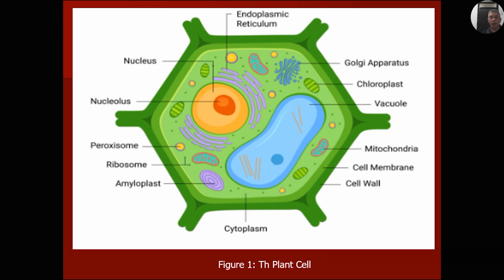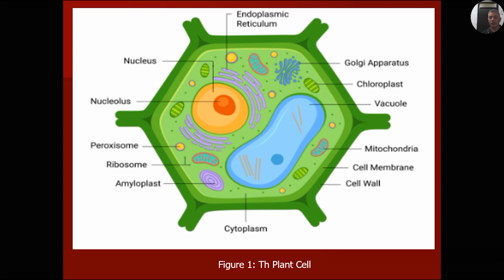Another part is the chloroplast. The chloroplast is an elongated organelle enclosed by a phospholipid membrane. The chloroplast is shaped like a disc, and the stroma is within the chloroplast that comprises a circular DNA.